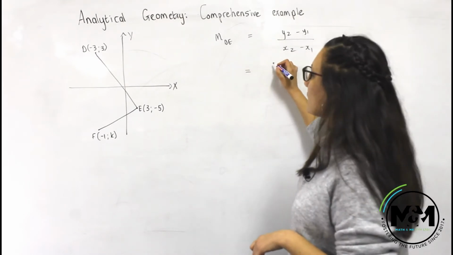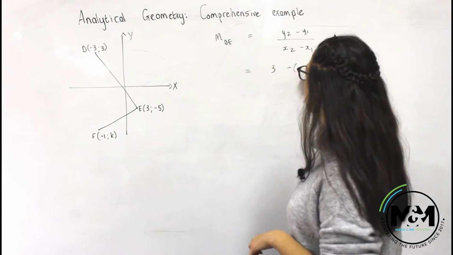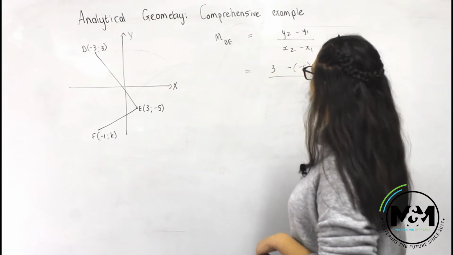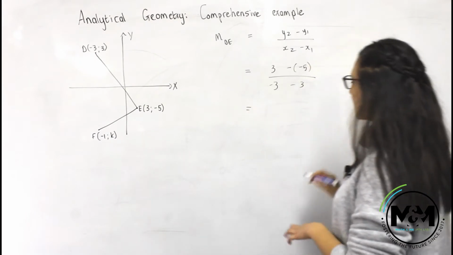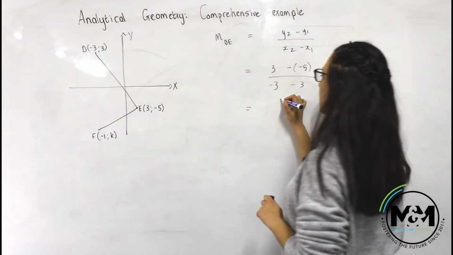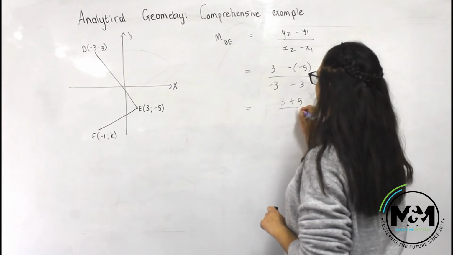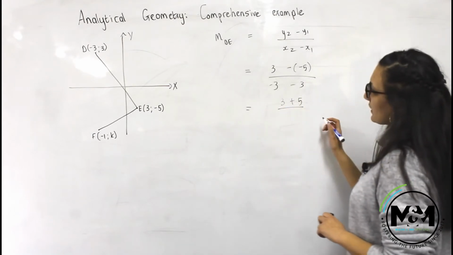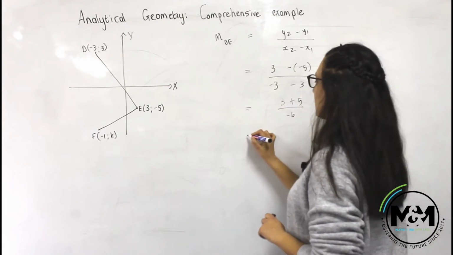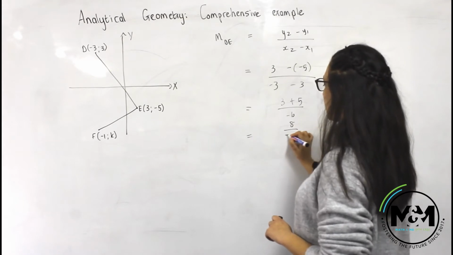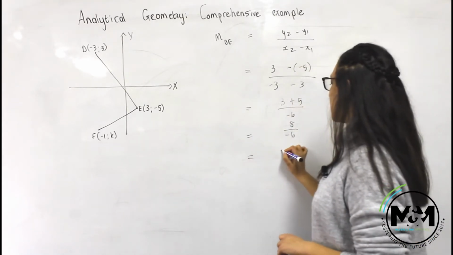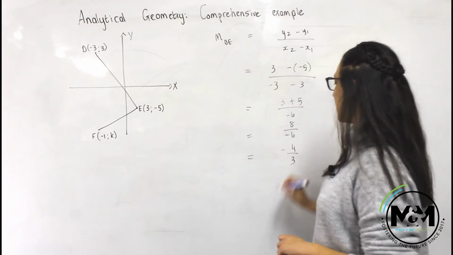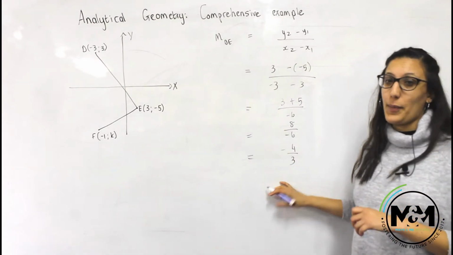So y2, 3 minus negative 5 over negative 3 minus 3. Simplify that. Negative times a negative is a positive, so it's 3 plus 5 over negative 6. So we have 8 over negative 6. This can be simplified further, so it's negative 4 over 3, and I'm going to leave it in fraction form.